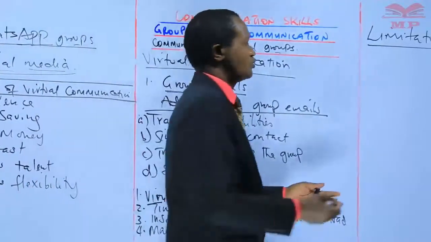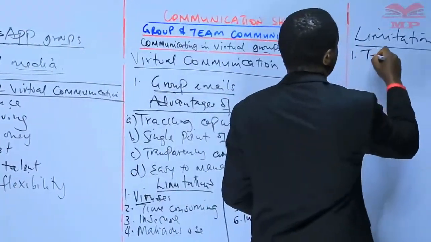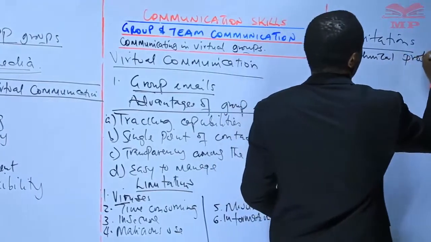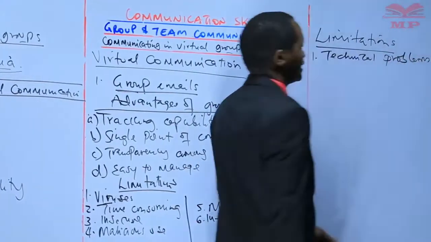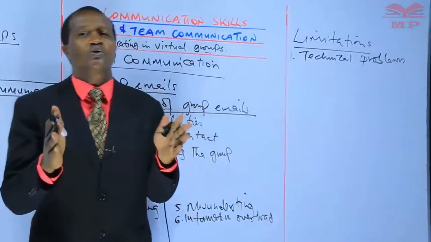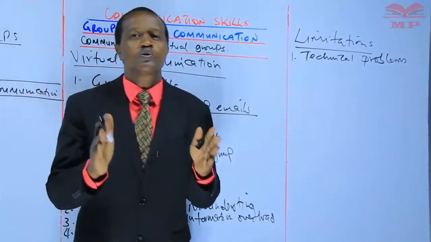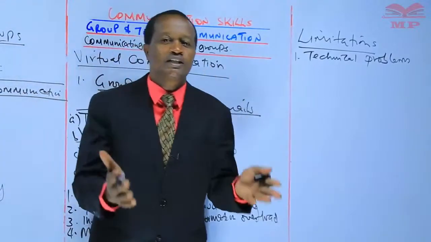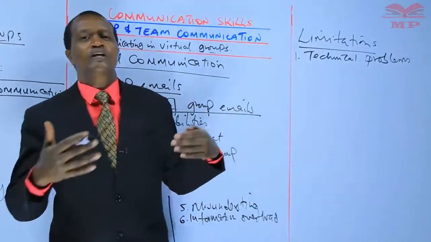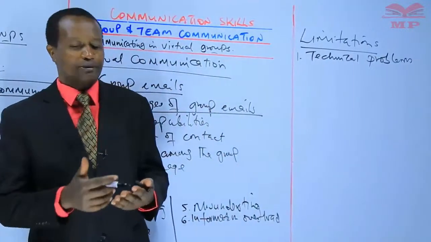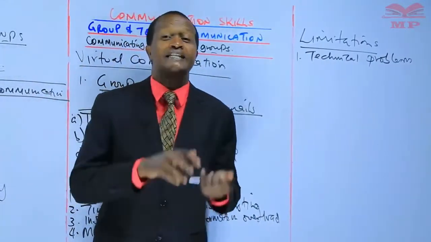The first obvious one is technical problems. Virtual communication relies on software. It relies on machines, it relies on internet technology, which can malfunction at any time.